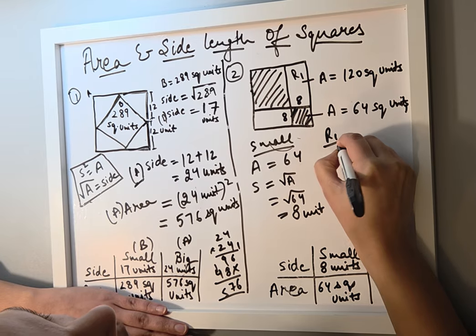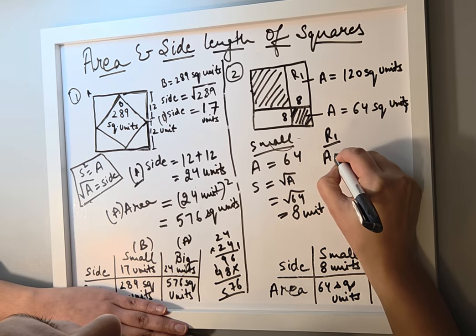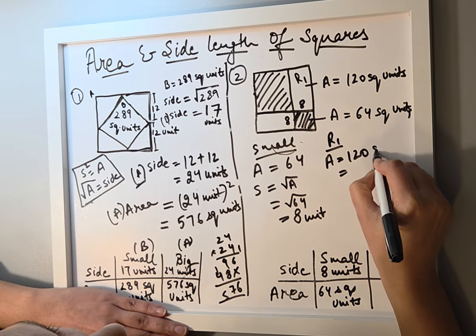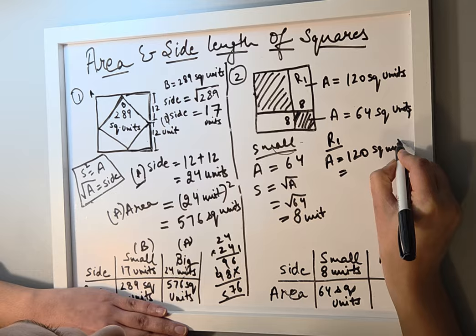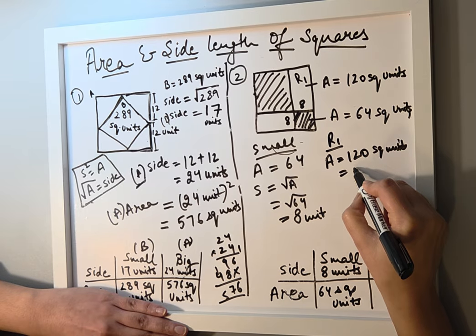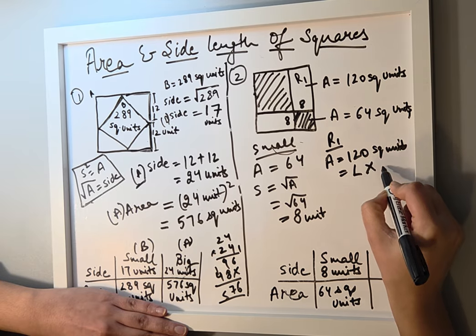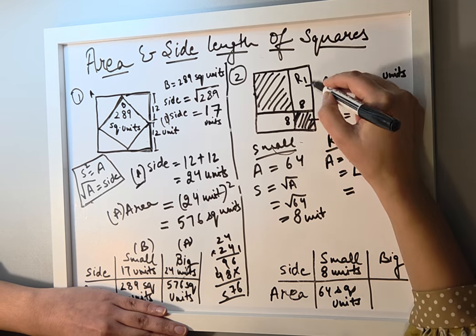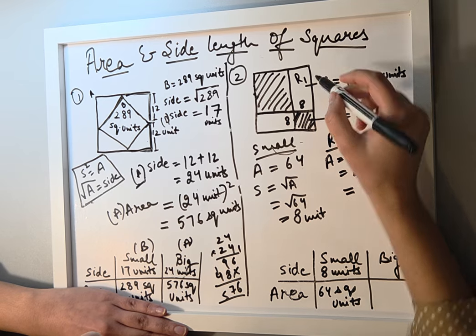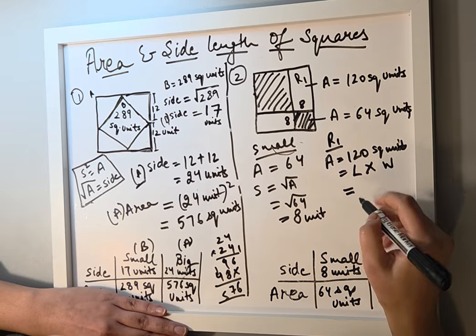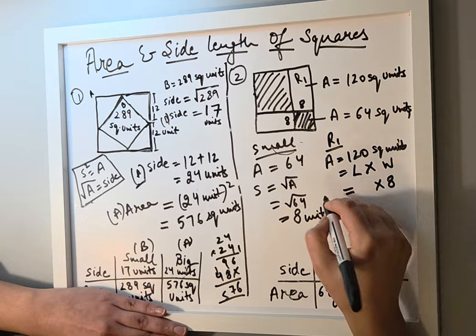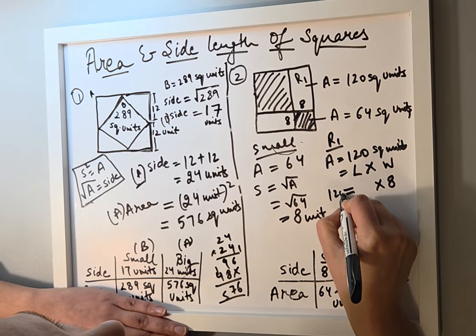So what do we know about rectangle 1? The area is 120 square units, and area of a rectangle is length into width. We don't know the length of the rectangle, but we know the width is 8.